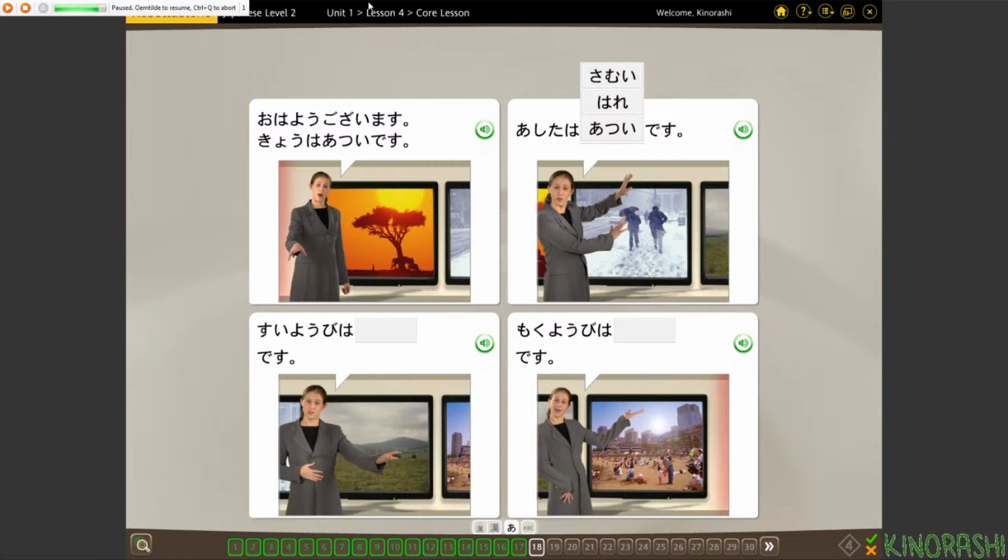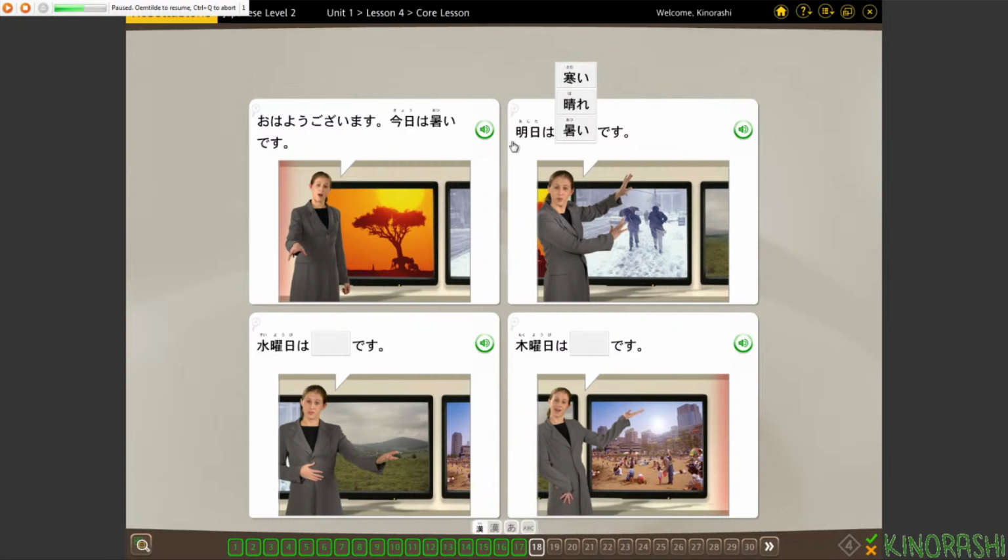明日. Translation Japanese. Tomorrow, yes. 明日は寒いです。So you see in the symbol for ashita, we have sun and then sun and moon.